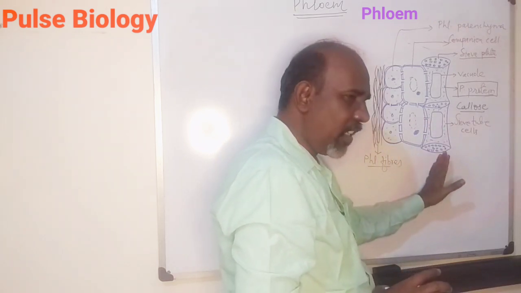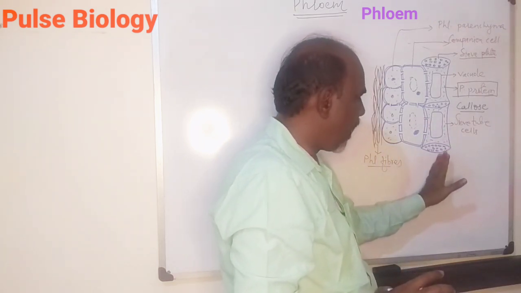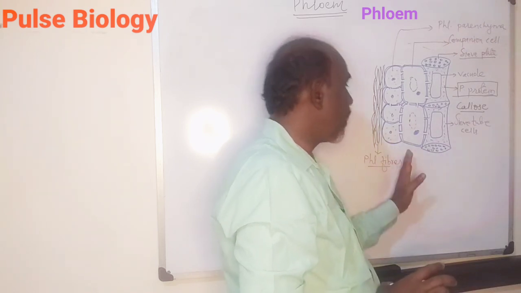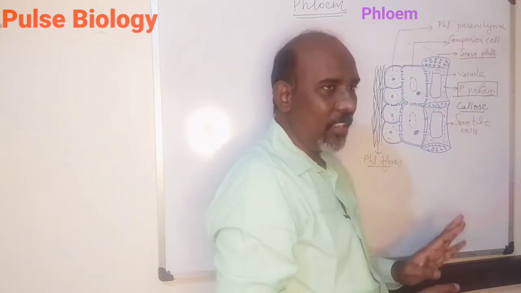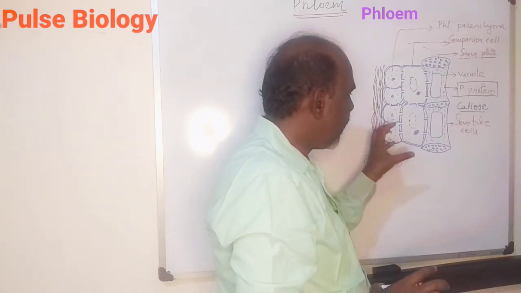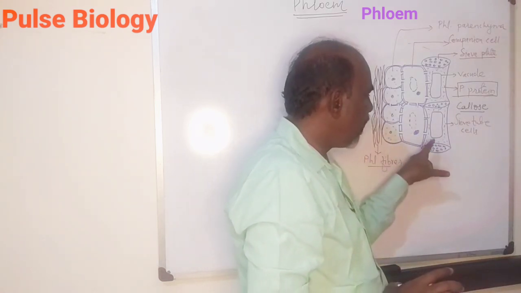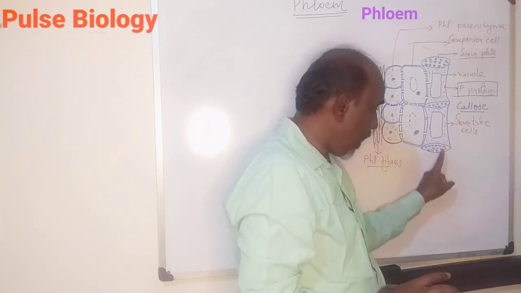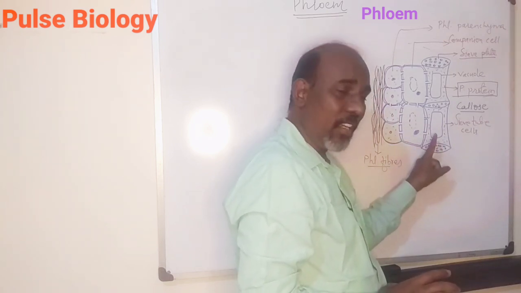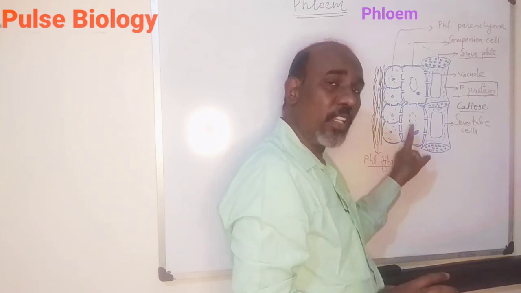These are enucleated or non-nucleated cells, and therefore their functioning is controlled by the neighboring cells, which are called companion cells. They compensate for the loss of the nucleus here, because these are nucleated cells, and they are also living. Sieve tube cells are living and companion cells are also living.